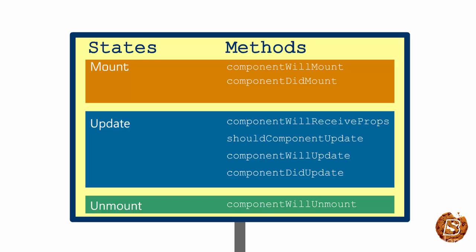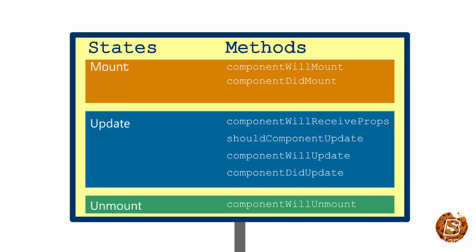Then we have shouldComponentUpdate. This one is invoked before rendering when new properties or state are being received. This method is not called for the initial render or when forceUpdate is used. We can use this as an opportunity to return false when you are certain that the transition to the new props and state will not require a component update.